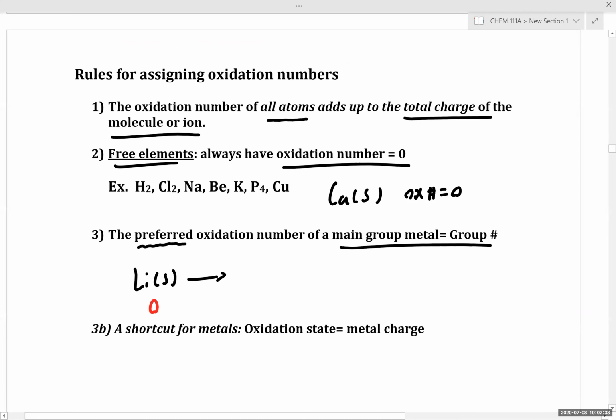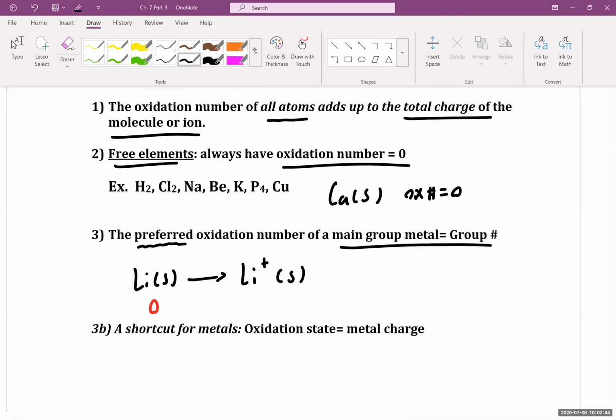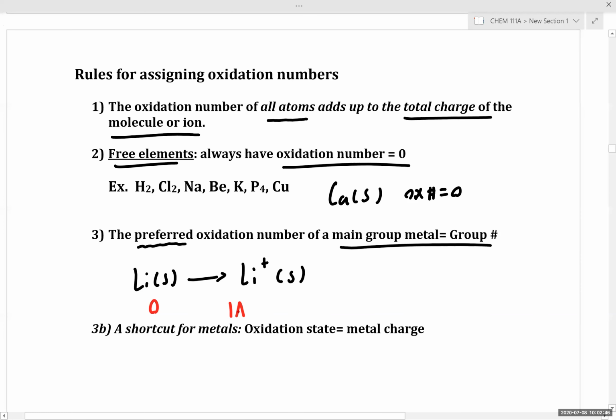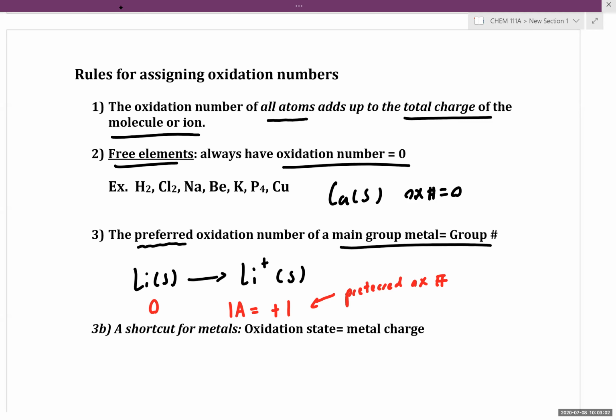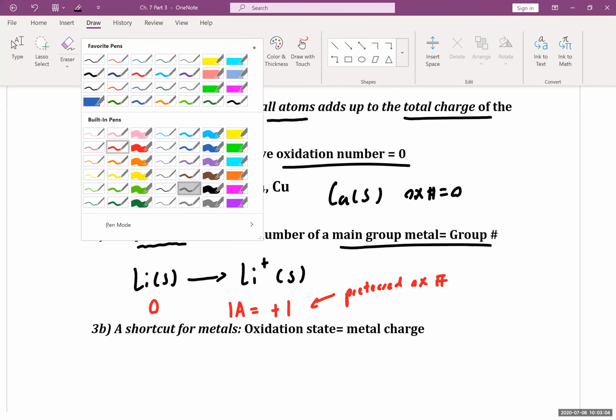Lithium solid would overwhelmingly want to react to generate lithium plus. So we notice that lithium is a 1A metal, so it prefers to have an oxidation number of +1. So this +1 is the preferred oxidation number, just like in our example when we discussed charge preferences and the preferred charge of a metal.